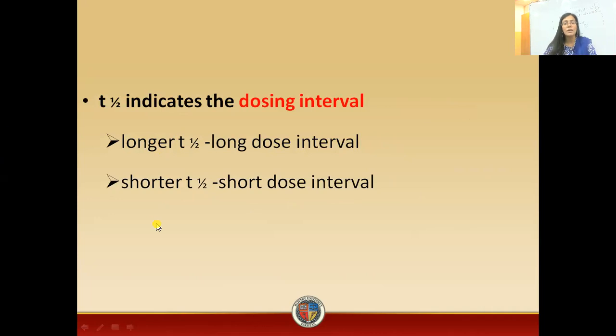If your drug has a shorter half-life, it will remain in your body for a shorter period of time, so a short dose interval is required. As your drug is retained in your body for a shorter time, you have to repeat the drug, but after a shorter interval.